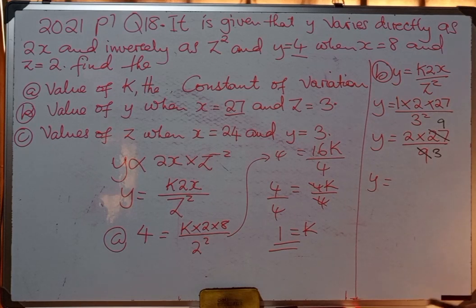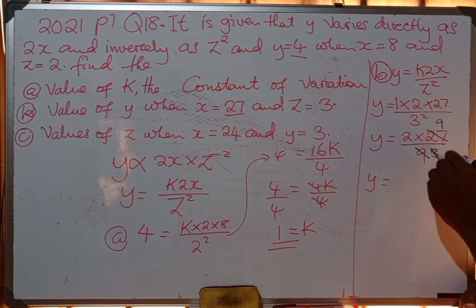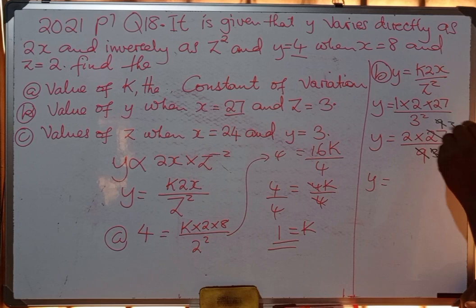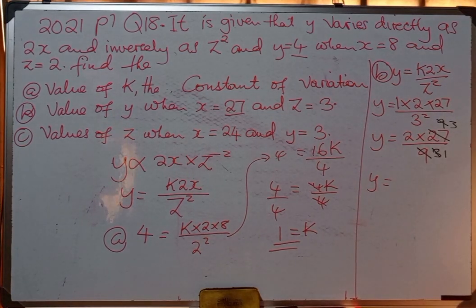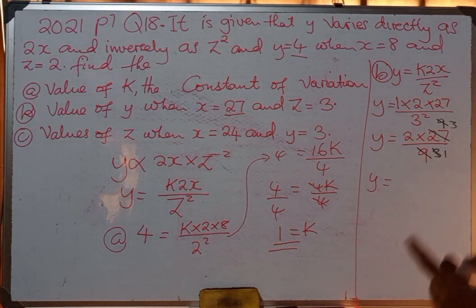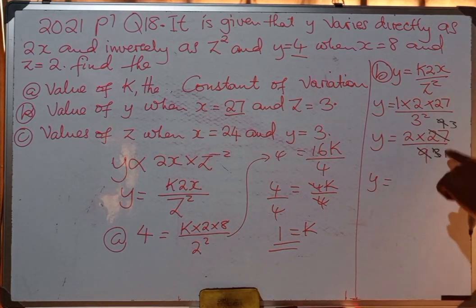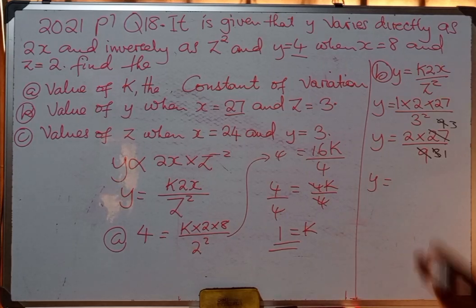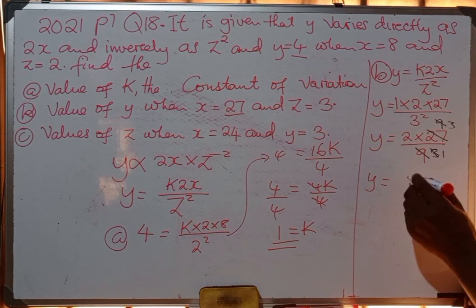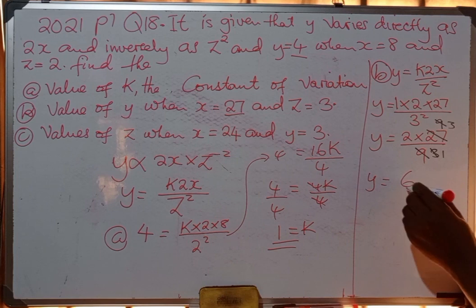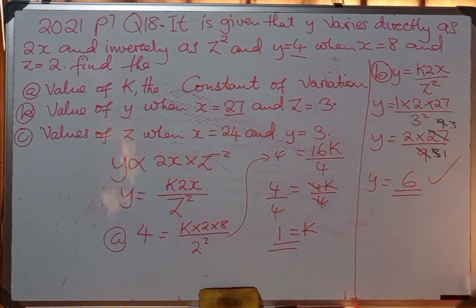So the best way was just to use 9 as the common factor. 9 into 9, 1. 9 into 27, it goes 3. So that we don't waste our time. So 2 times 3 now will be 6. So 6 is the value of y.